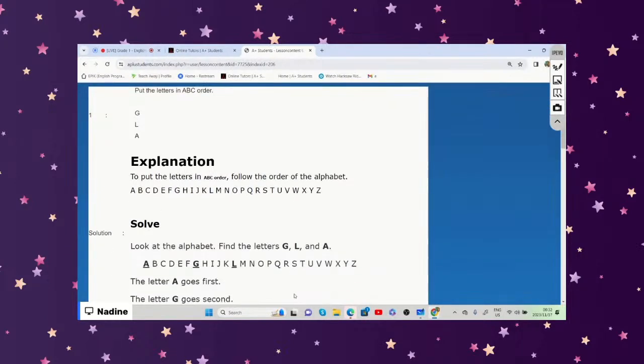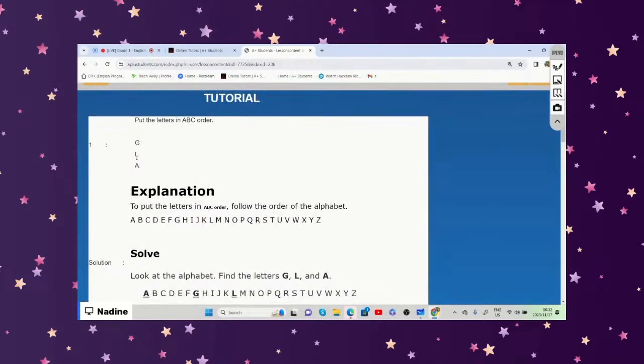We have G, L, and A. Or we can say it's G, L, and E. We need to put these letters in alphabetical order, in the way in which they appear in the alphabet. So G, L, and A. Which letter is first between G, L, and A?